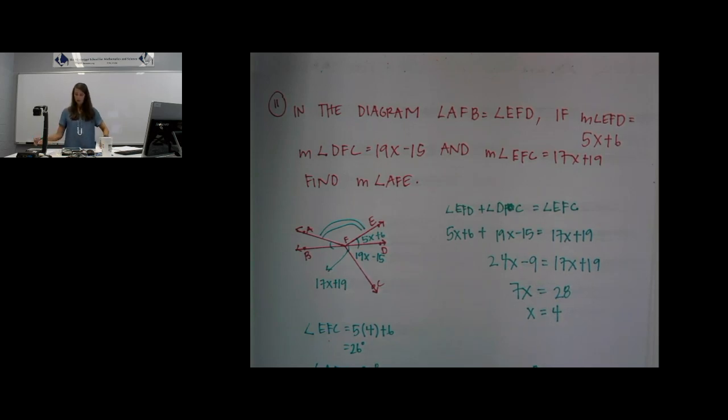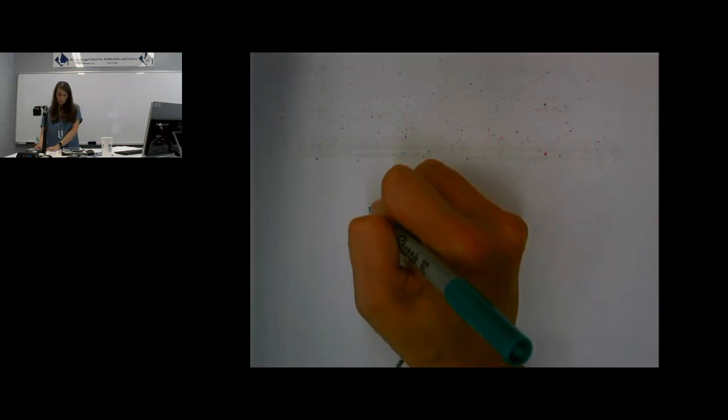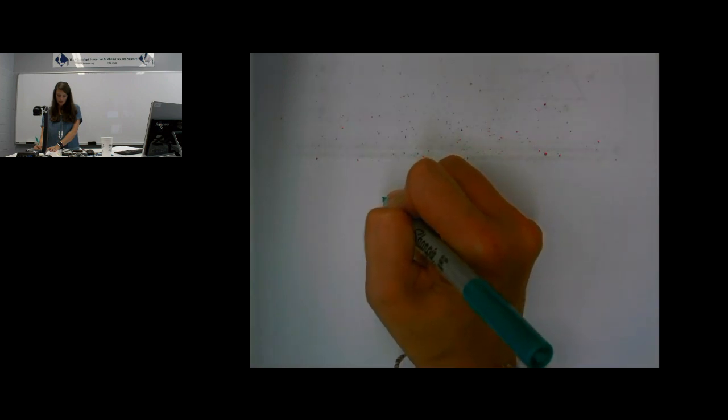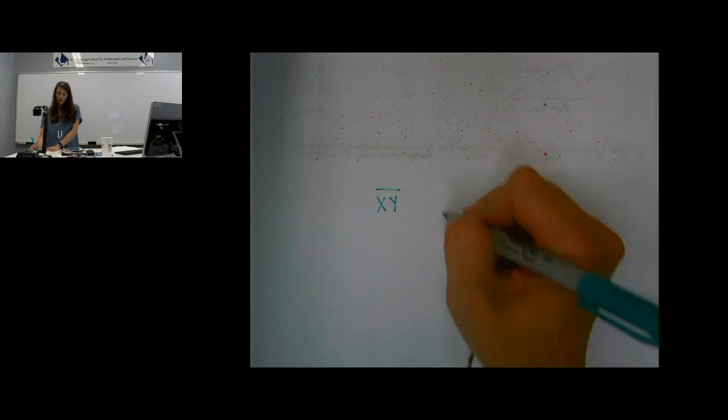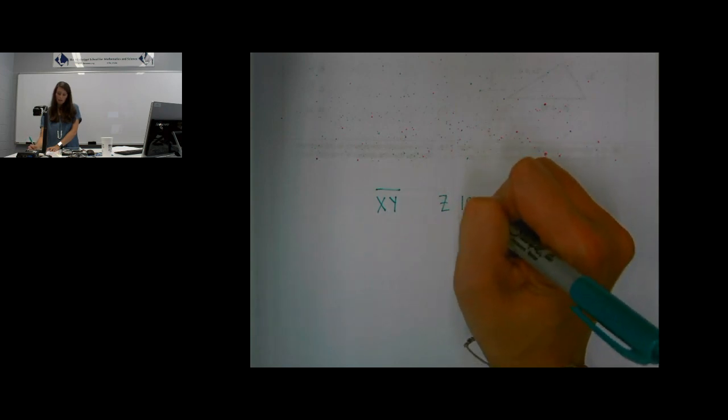Okay, I want to do one more question. It's really a question about midpoint. Okay, so if I know that the midpoint is at, let's say I have XY, okay, and Z is the midpoint.